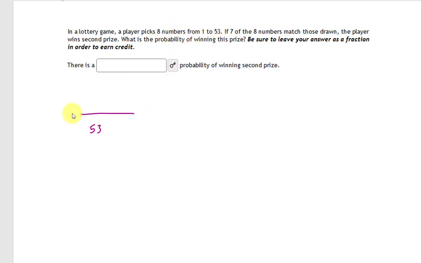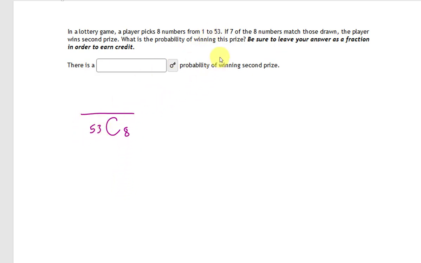So the total number of possible outcomes is a combination, 53 choose 8. The reason I'm not using permutation is that the order does not matter in this case, as long as I pick 8 numbers from 1 to 53.